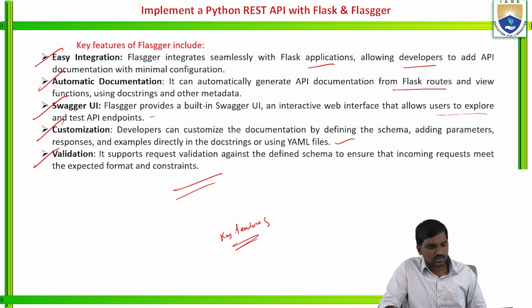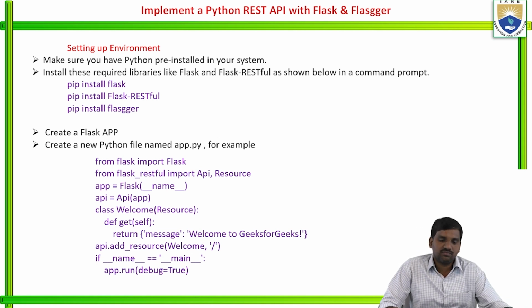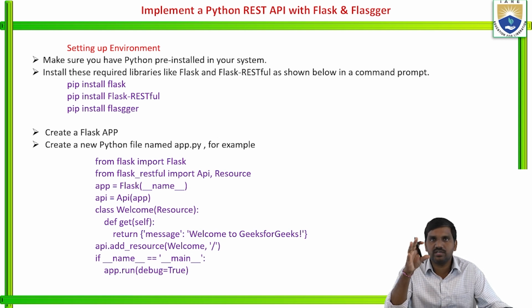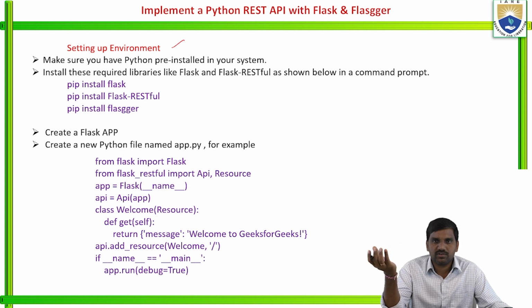Next, setting up the environment in order to build a REST API with Flask and Flasgger. Before connecting, first we have to configure and authenticate the data.